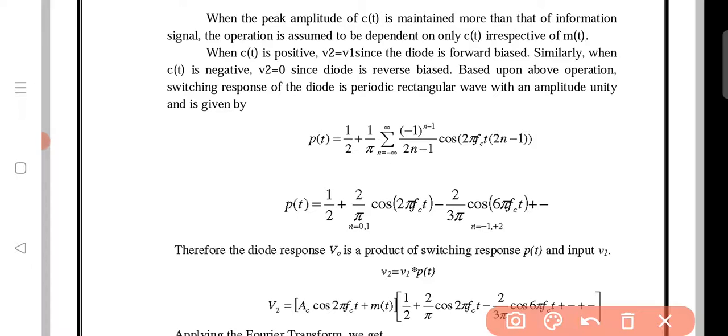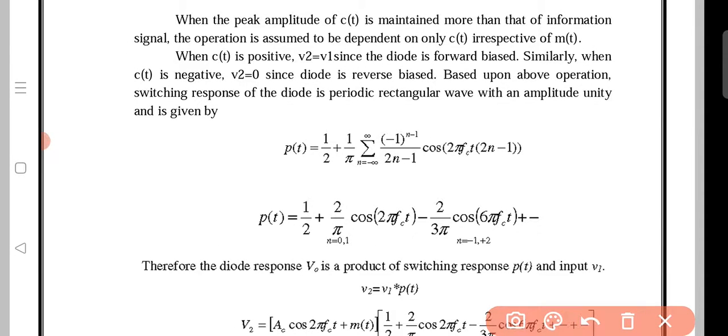Now we discuss how the diode acts as a switch. In this case, generally the carrier amplitude is greater than the amplitude of the information signal, it means c(t) is greater than m(t). So here the carrier influences the operation of the diode.